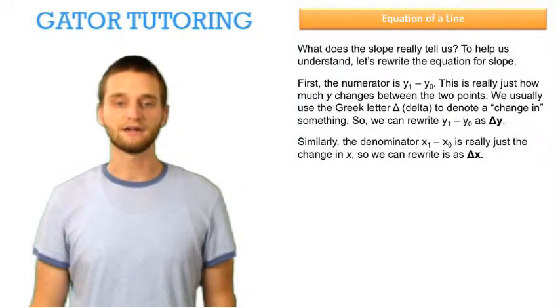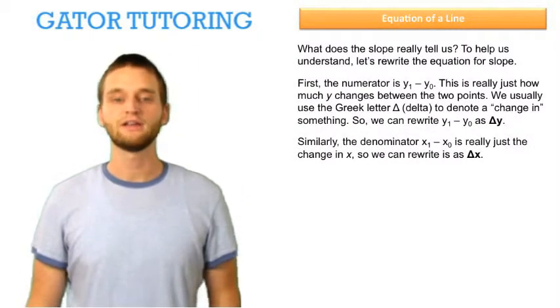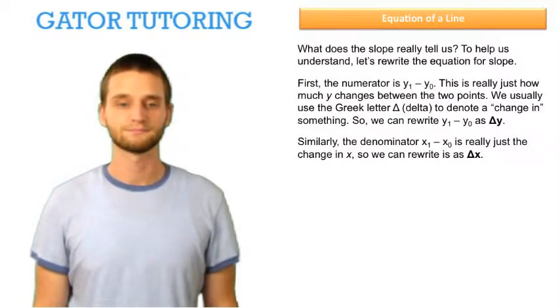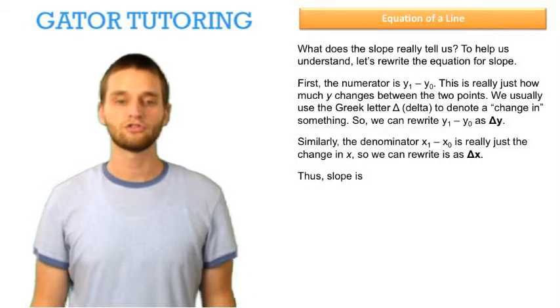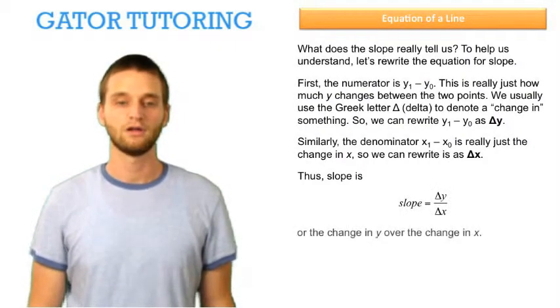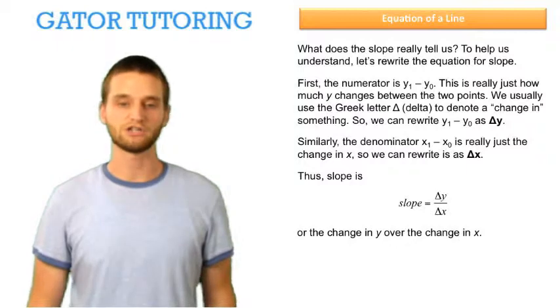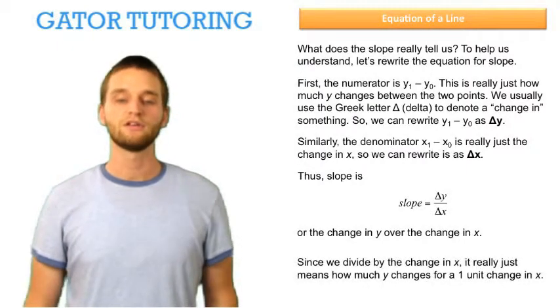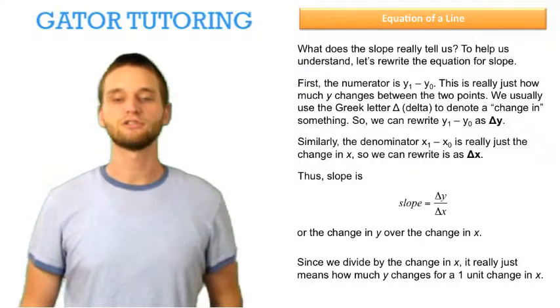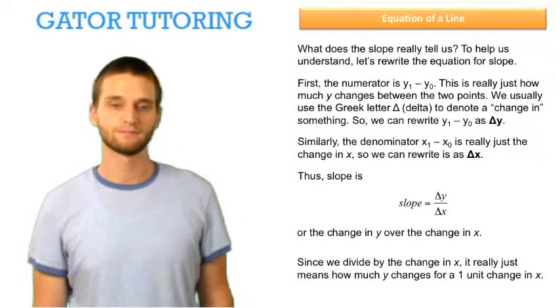Similarly, the denominator x1 minus x0 is really just a change in x, so we can rewrite it as delta x. Thus, slope can be rewritten as delta y over delta x, or the change in y over the change in x. Since we divide by the change in x, it really just means how much y changes for a 1 unit change in x.